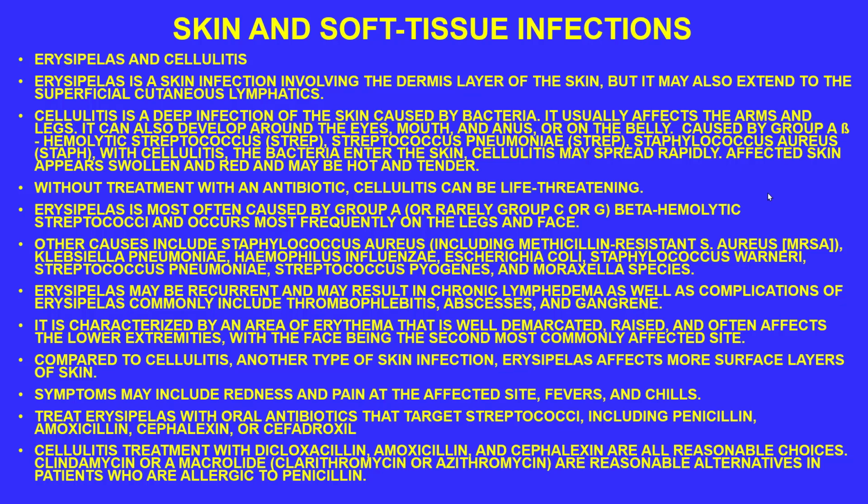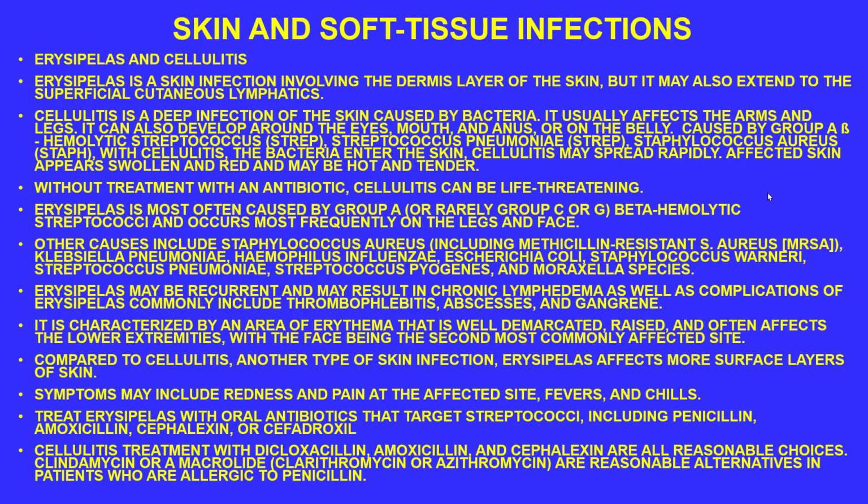Erysipelas is most often caused by group A, or rarely group C or G, of the beta-hemolytic streptococcus, and occurs most frequently on the legs and face. Other causes include other organisms such as Staphylococcus aureus, and that does include the possibility of MRSA.